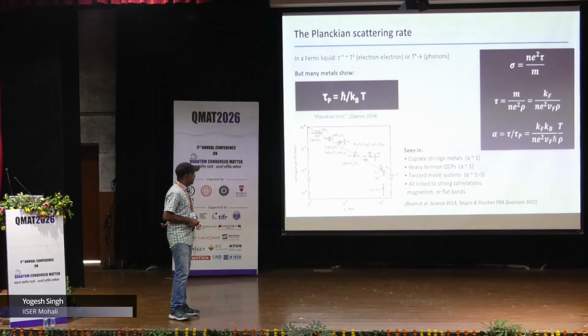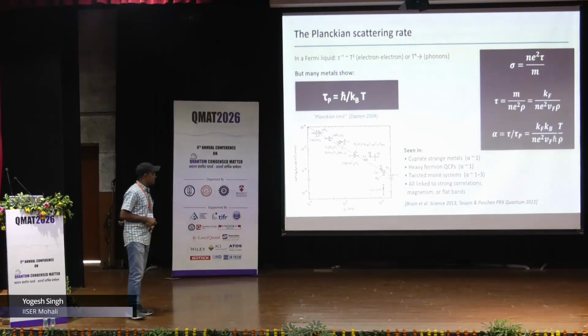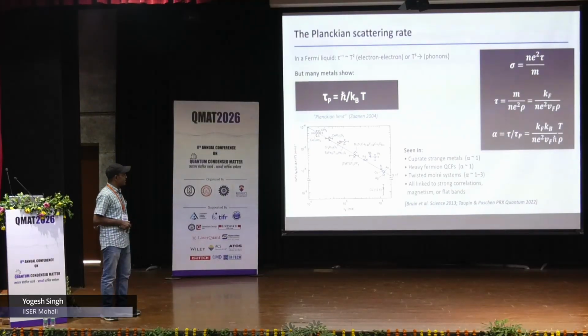Now the common thing about these materials is that they are what are called strange metals. They are either close to magnetism or quantum critical points. Even twisted bilayer graphene shows this, and so on.